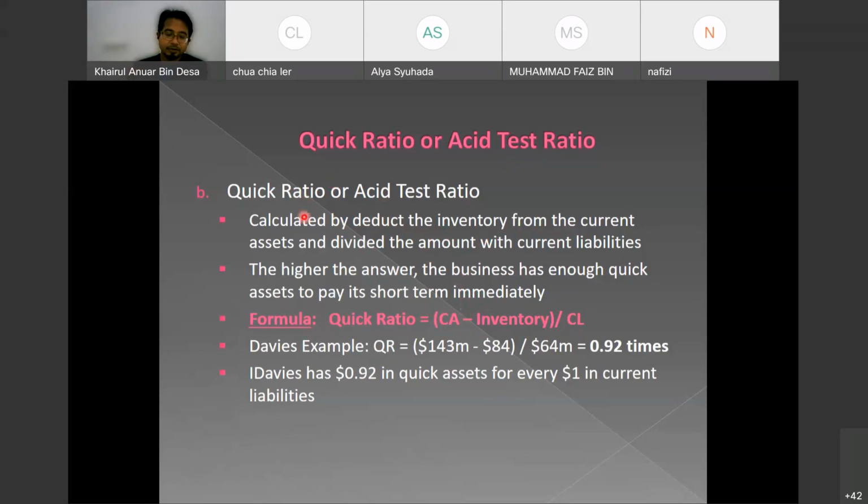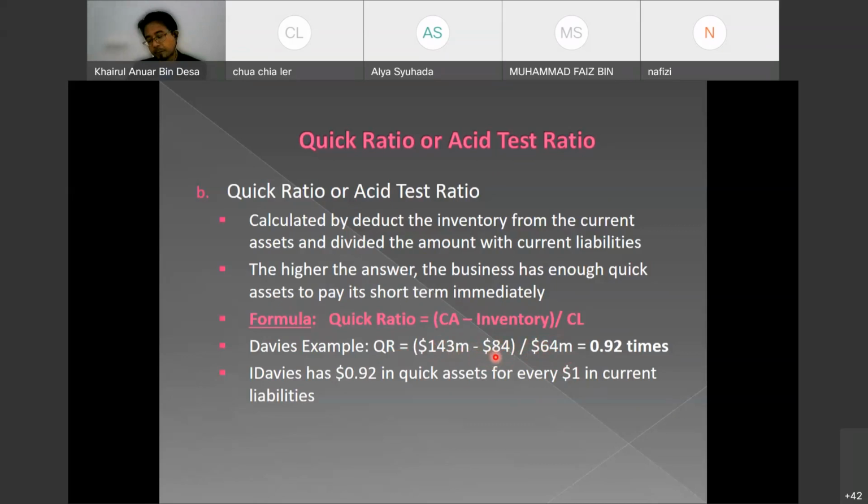Okay, now we want to calculate the quick ratio. We deduct the inventory from the formula. Okay, now when we deduct inventory from the formula, 143, ini inventory, nilai inventory is 84, and this is the value of current liability.